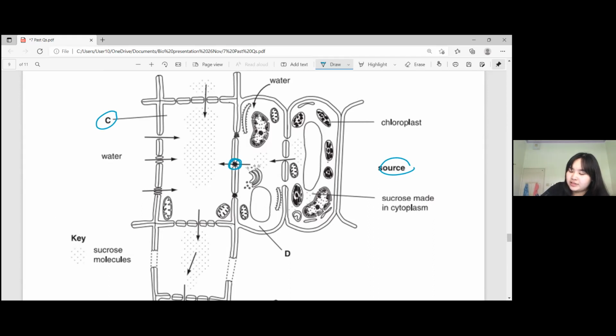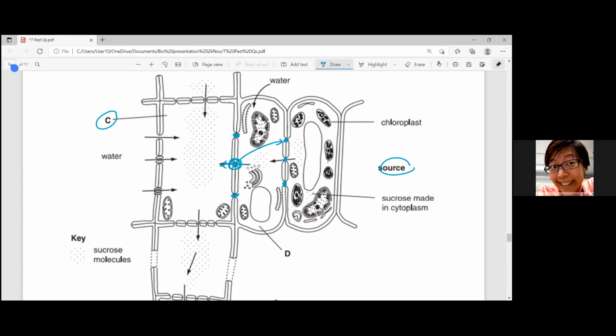There shouldn't be anything blocking the plasmodesmata, and this co-transporter should be here. Just cancel this from your mind. Nothing is here. It's empty space. I think the co-transporter should be in the membrane. So this diagram is a bit strange.